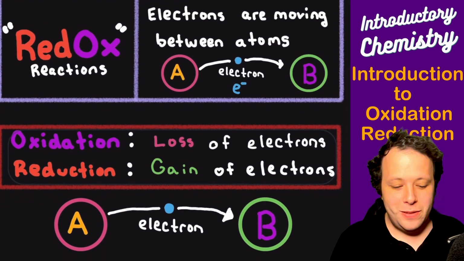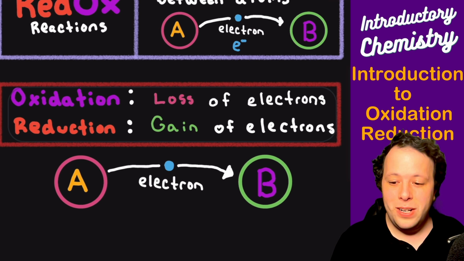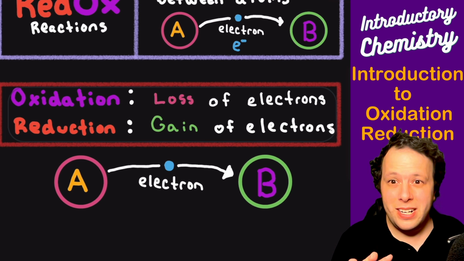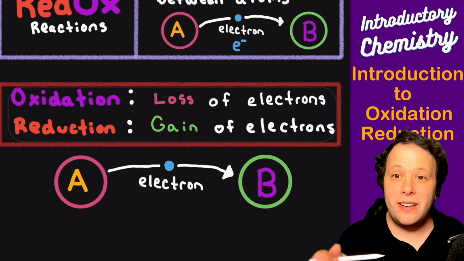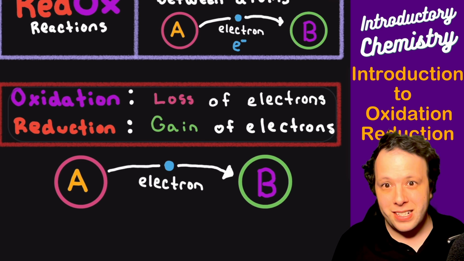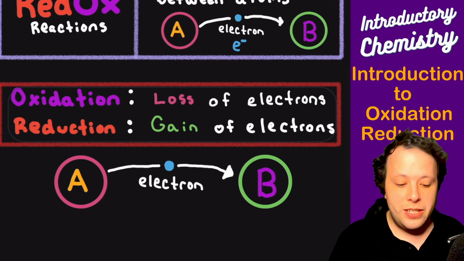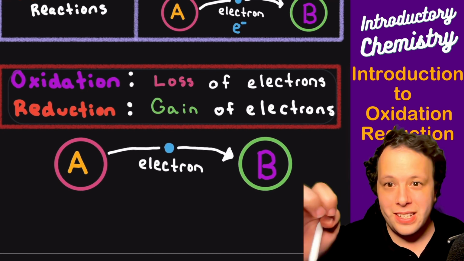But let's go back to labeling our little atoms here. Within every oxidation reduction reaction, there is always a pair, meaning that if one species is being oxidized, the other one must be reduced. On the left here, A is giving away an electron.